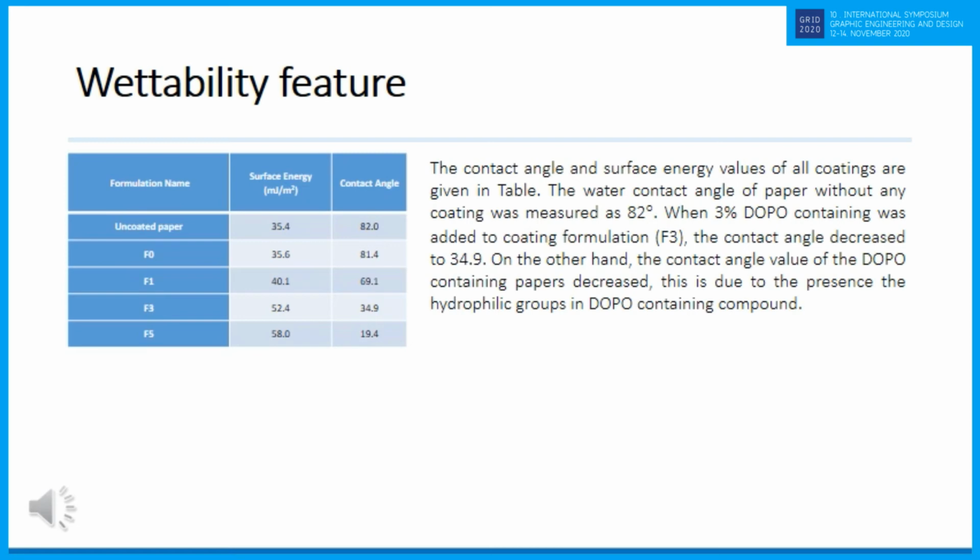When 3% DOPO containing compound was added to coating formulation, named F3, the contact angle decreased to 34.9. The contact angle value of the DOPO containing papers decreased. This is due to the presence of the hydrophilic group in DOPO containing compounds.